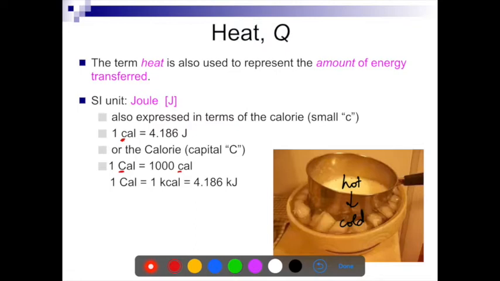Therefore, 1 calorie with a capital C is equal to 1 kilocalorie with a small c, and that is equal to 4.186 kilojoules. Recall that the prefix kilo is equal to 10 to the 3 or 1,000.